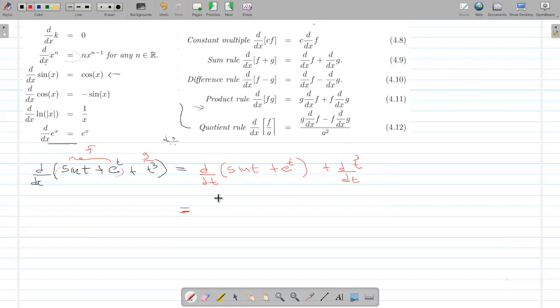Very good. Then again I can apply the sum rule. This function is not listed in this list, no? That's why I am applying the sum rule. Now this is still not listed here, okay? So I go sin t plus, so I apply the sum rule for the second time.